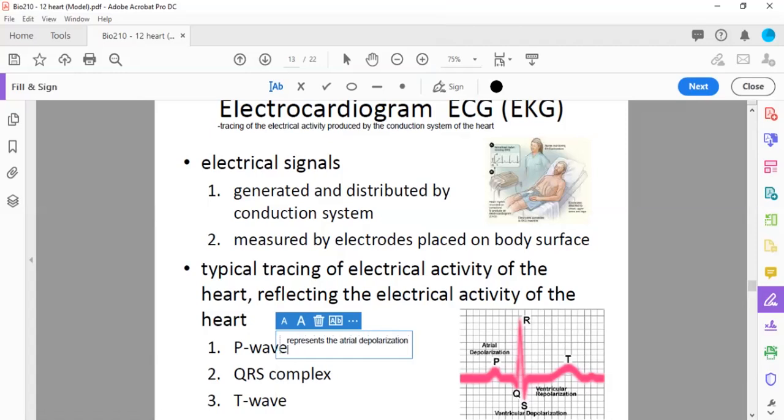During the P wave, you have atrial contraction. So the atrial depolarization occurs during the P wave. What that means is that during the recording of the P wave, it represents atrial contraction.